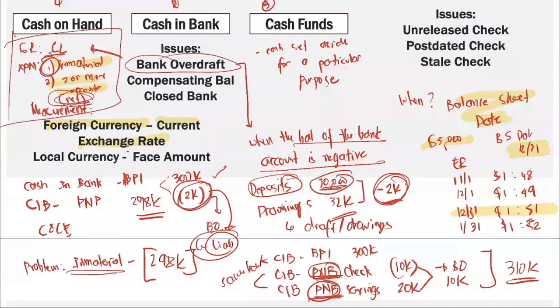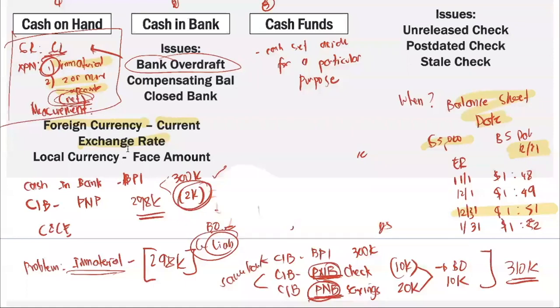We go now to another issue, which is your compensating balance. So what is a compensating balance? Normally in a deposit in your cash in bank, you leave a certain amount which you cannot make use of, or that is the minimum balance that you will maintain on that particular account. Normally in banking practice, you should retain a minimum balance, which is called your compensating balance on that account.